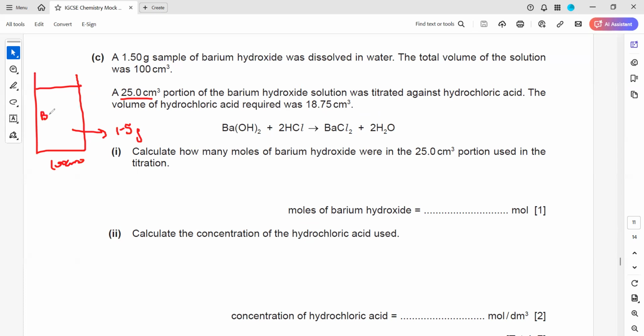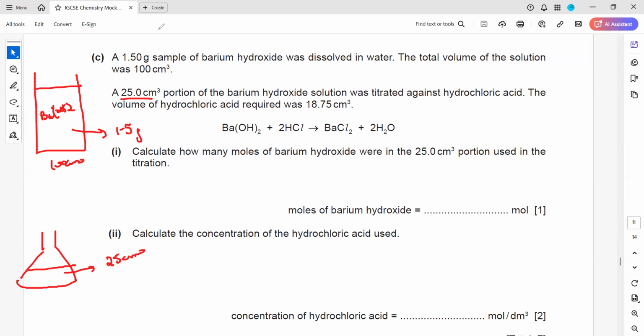From this barium hydroxide, how much sample did we take out? We only took out 25 cm cube.